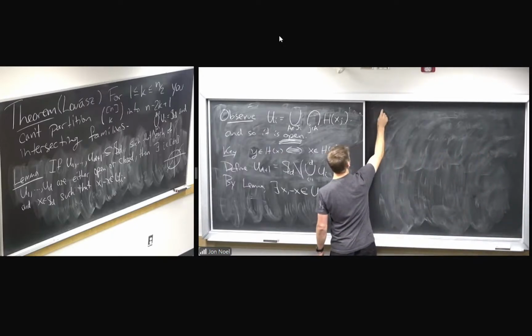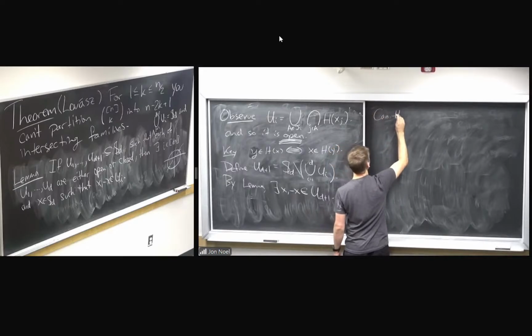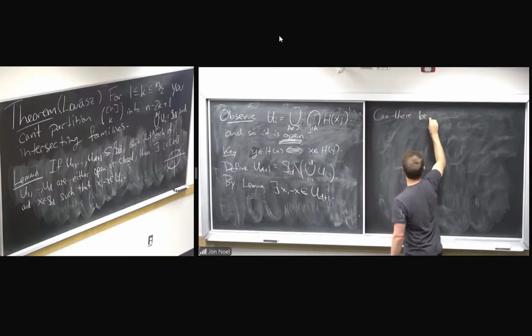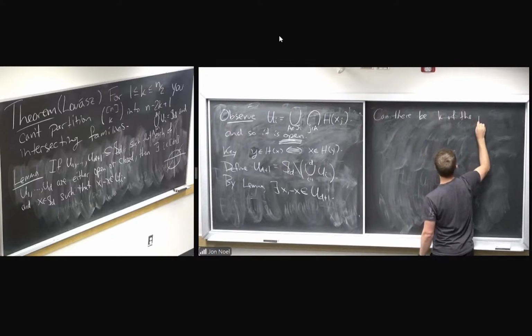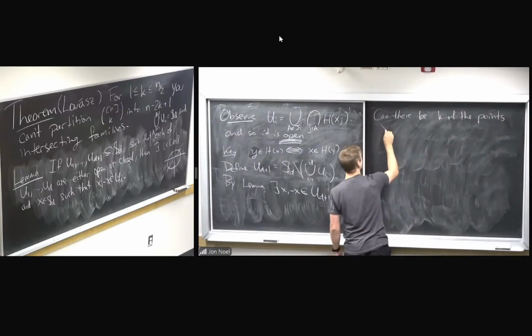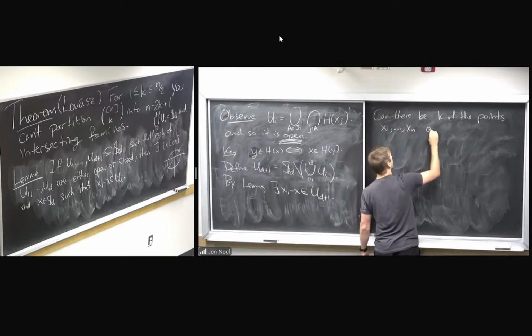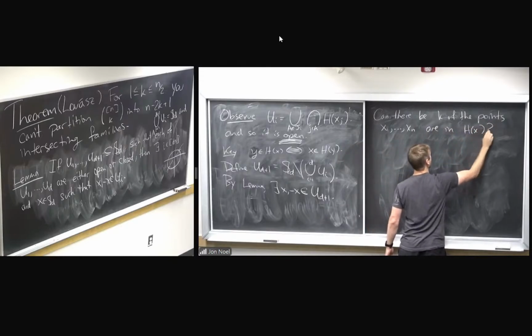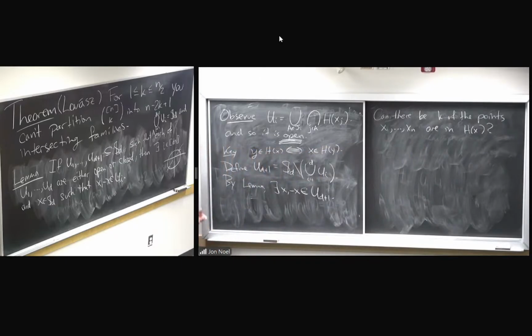Okay, so here's a question now. Can it be the case that k of the points x1 up to xn are in the open hemisphere centered at x, where x is chosen so that these antipodal points are in u(d+1)? Actually, we're not really going to use minus x for this. x is in u(d+1). Is it possible for k of those points to be in the open hemisphere centered at x?